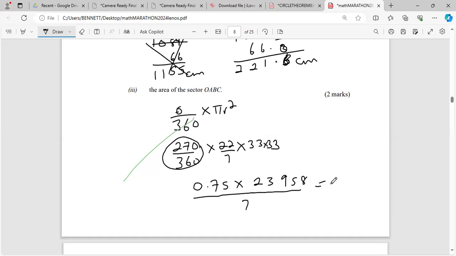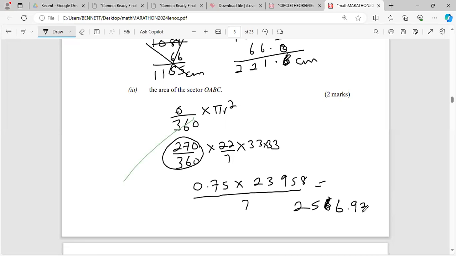So 23958 times 0.75. That's 17,968. I'll divide by 7. Still a big number. 2566. No, 256. 256.92.